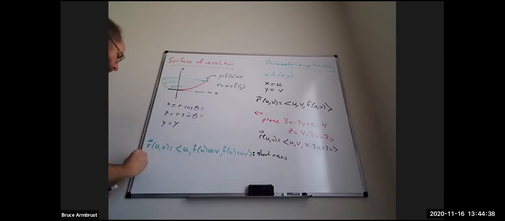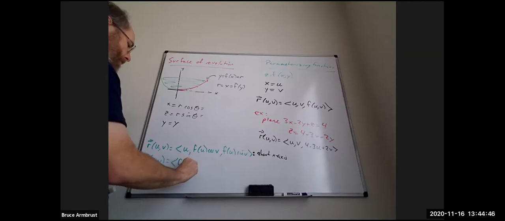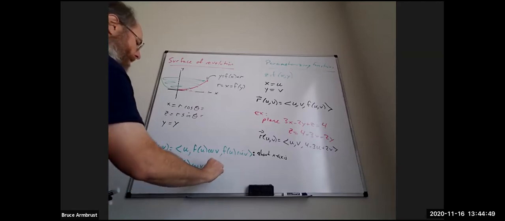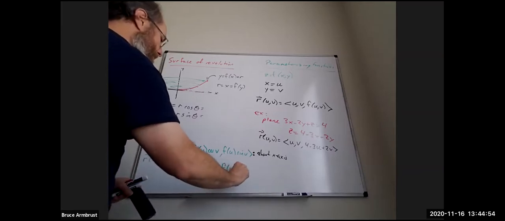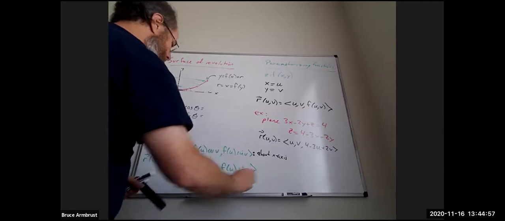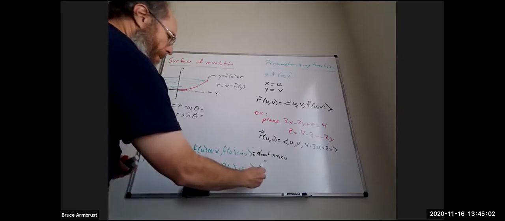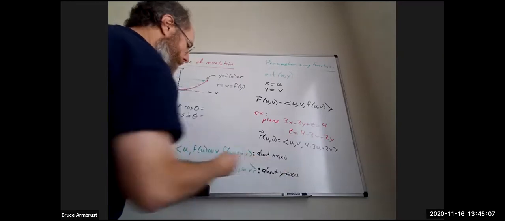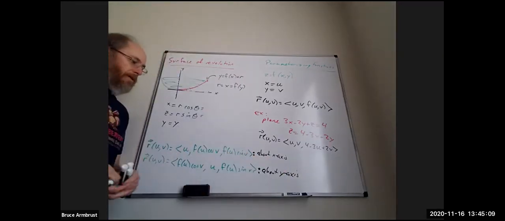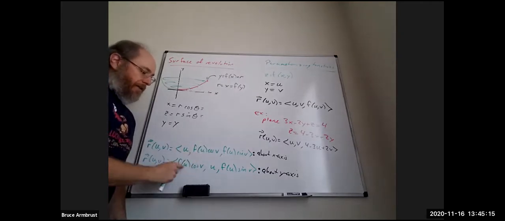Now we're going to have the x is going to be f of u cosine v. The y is u. And the z is still f of u sine v. Just realize that these f's, in the first one it was f of x, now this is f of y.